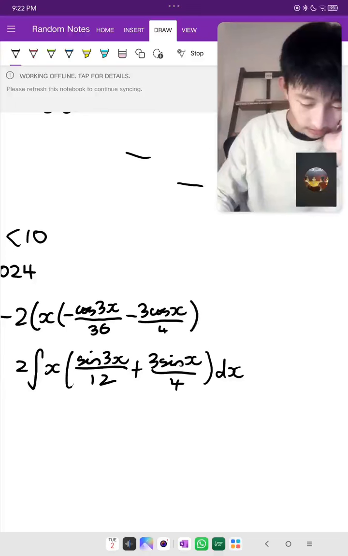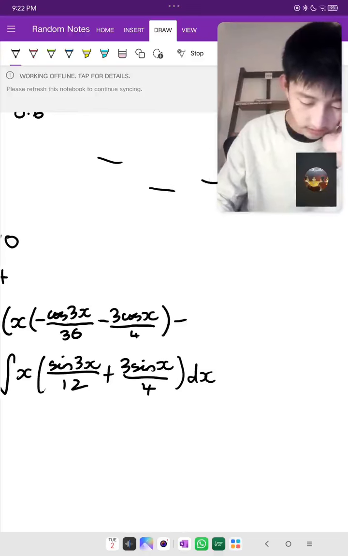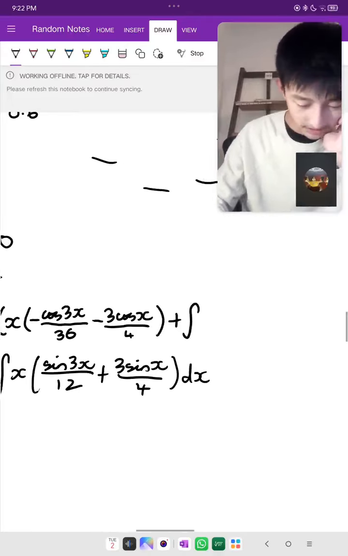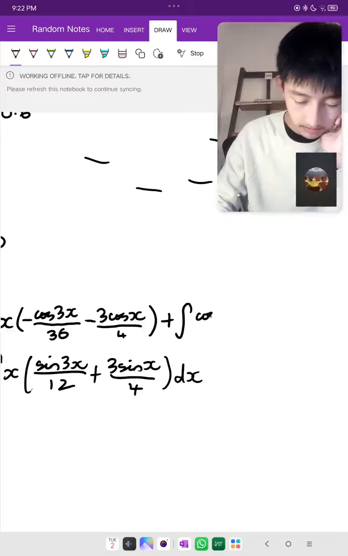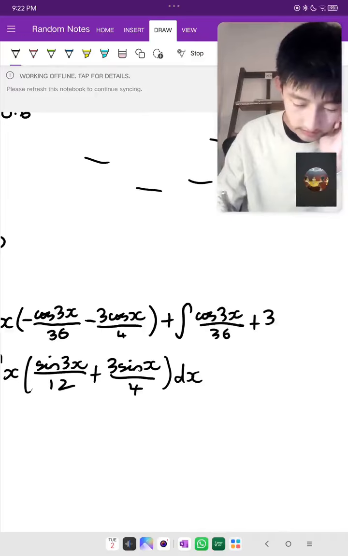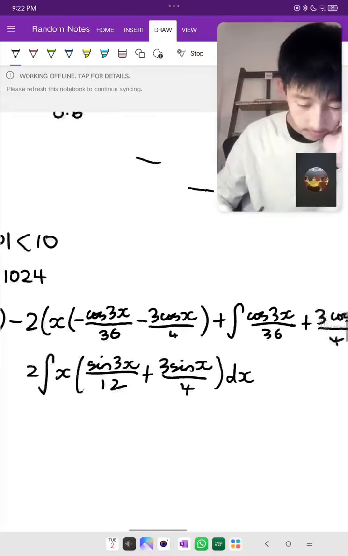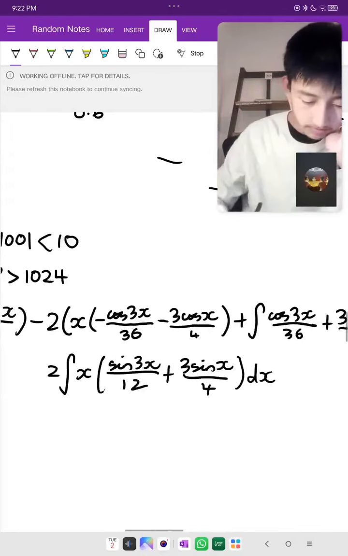Then we are subtracting the integral of this. So I'm just going to add to make my life a bit easier. So we get this. Okay. Close bracket.